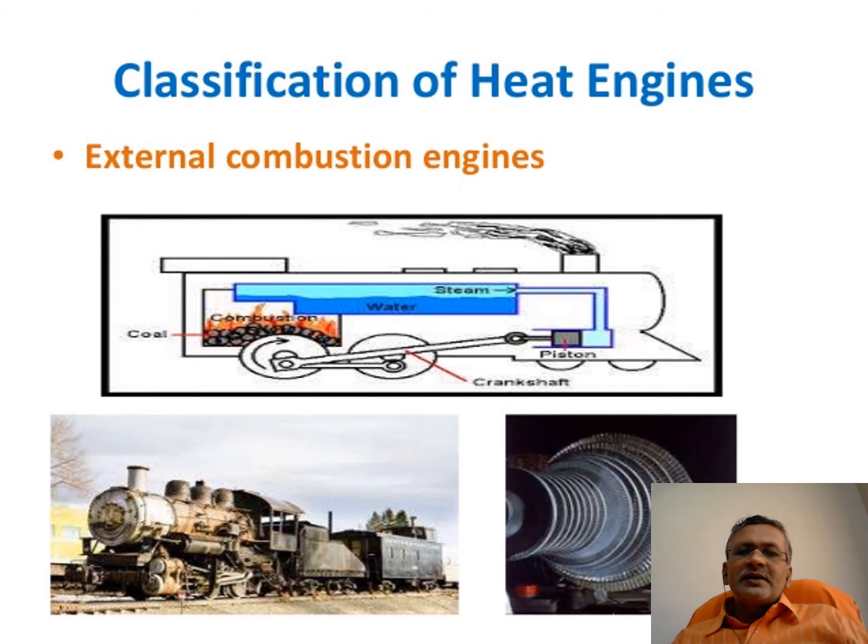In an external combustion engine, the heat is developed in the steam chamber and transferred to the crankshaft. As a result, work is done outside the steam chamber. Hence, it is called an external combustion engine. An example is the railway engine.